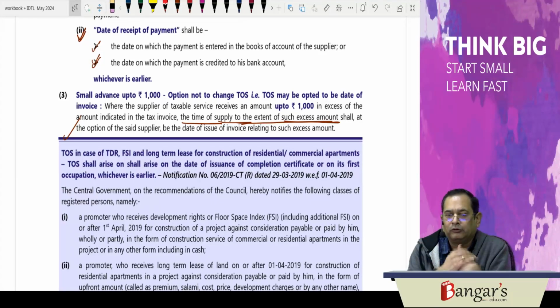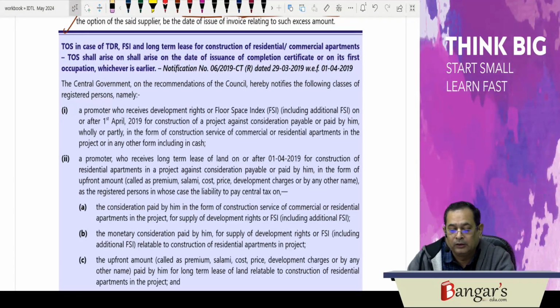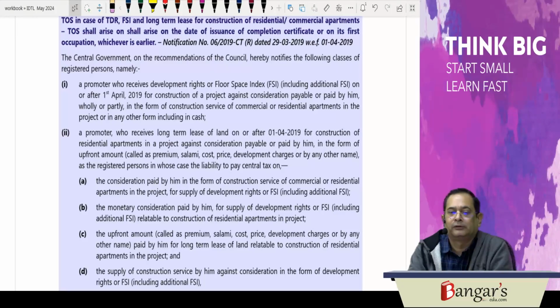So the central government has issued a notification in this regard that the following classes of registered persons, the promoters, are receiving development rights or floor space index, including additional FSI, for construction of a project against consideration payable or paid by them wholly or partly in the form of construction service of commercial or residential apartments in the project, or in any other form including cash, or the promoter who receives a long-term lease of land on or after 1/4/2019 for construction of residential apartments in a project against consideration paid in the form of an upfront amount.